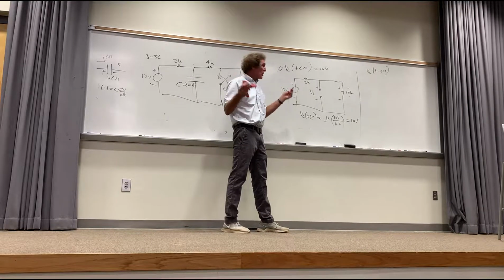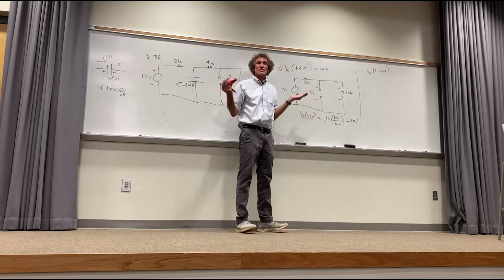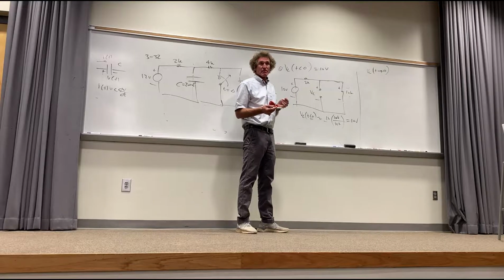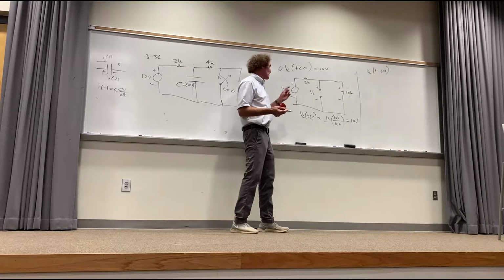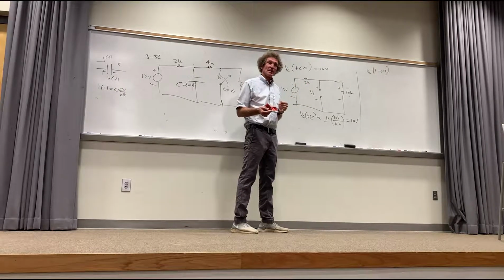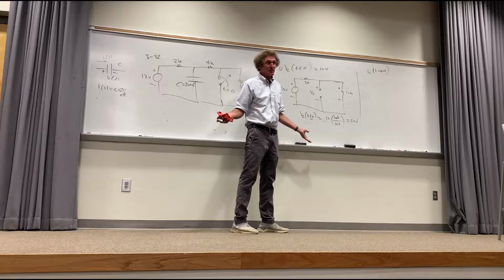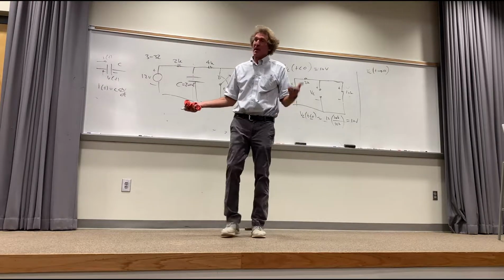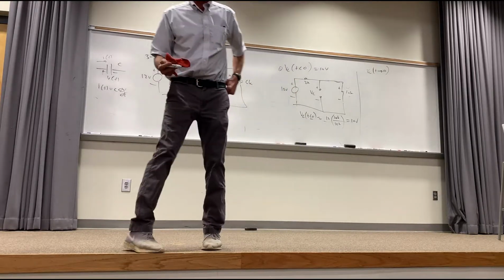Take 1 milliamp times 10K, you got the voltage. You could also just subtract: 12 minus 2K times 1 milliamp. You get the same answer every which way you do it. So it doesn't matter to me. Just make sure you know how to get the right answer.